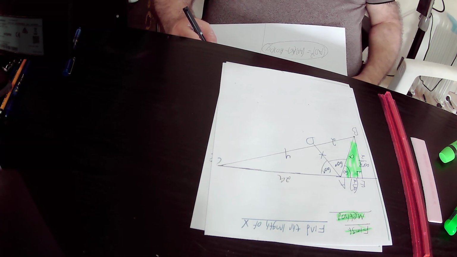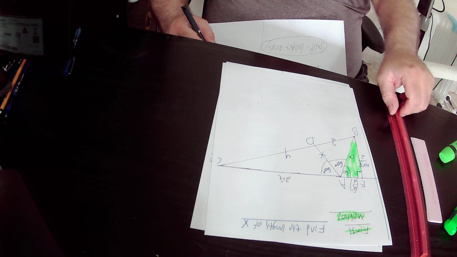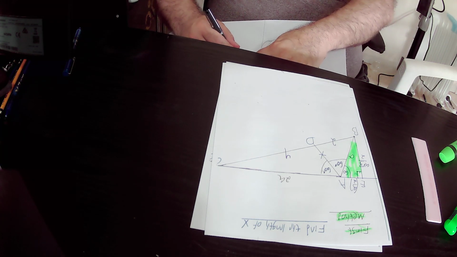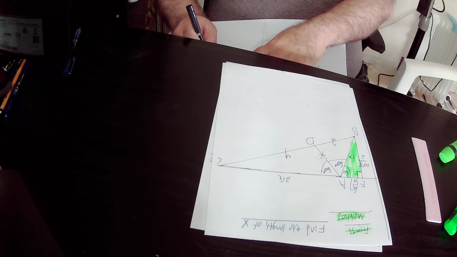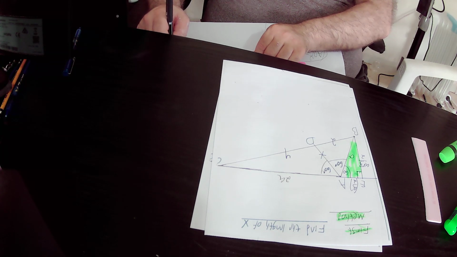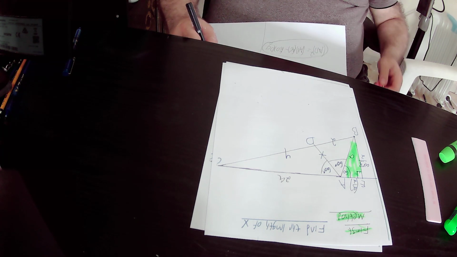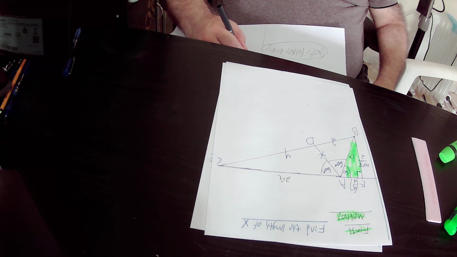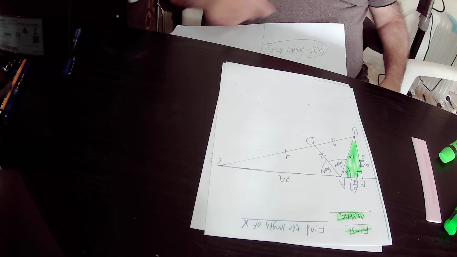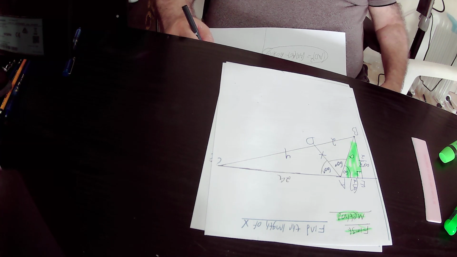So I'll copy triangle ABC in the new page, and we will implement rule number 3 in triangle ABC. Angle BAC equals 60 plus 60, this is 120 degrees.